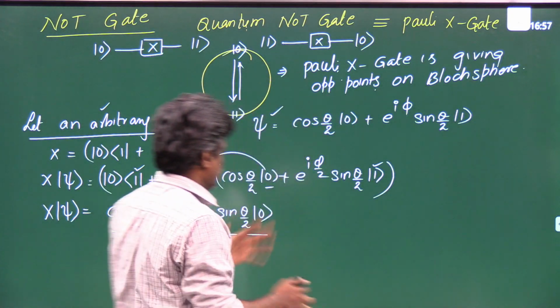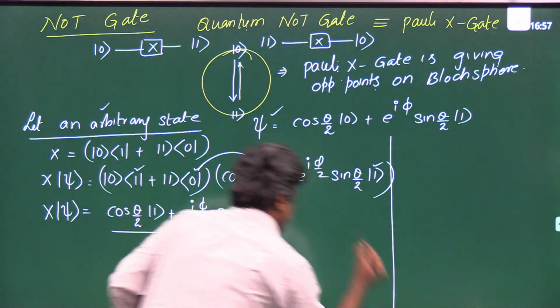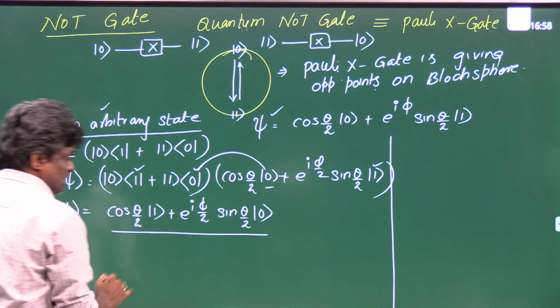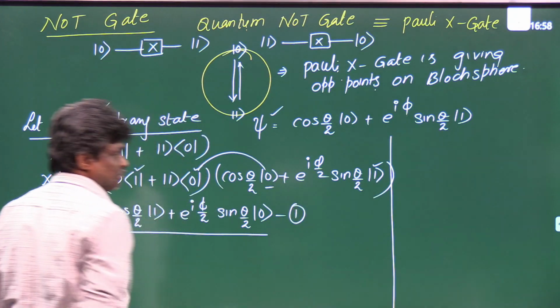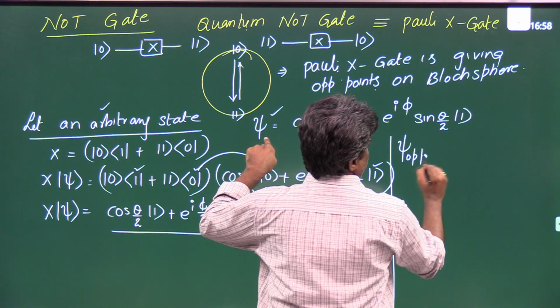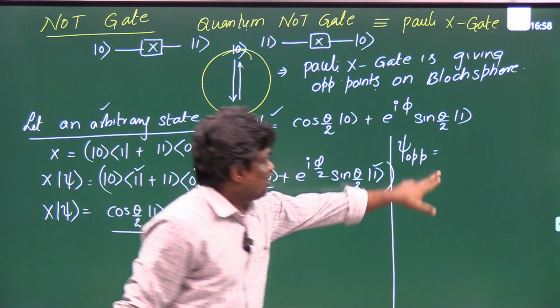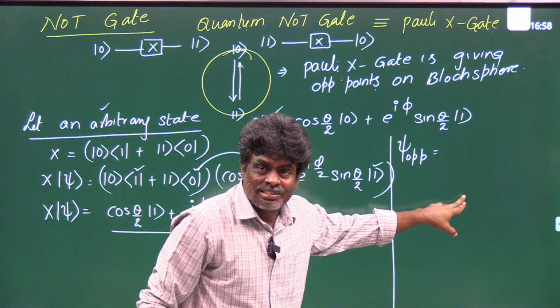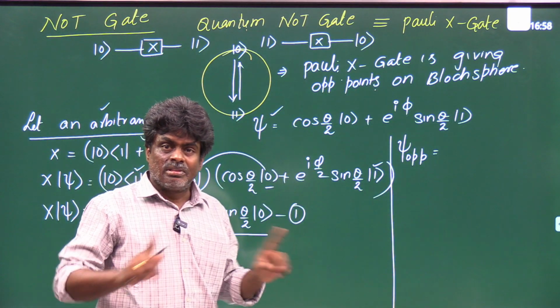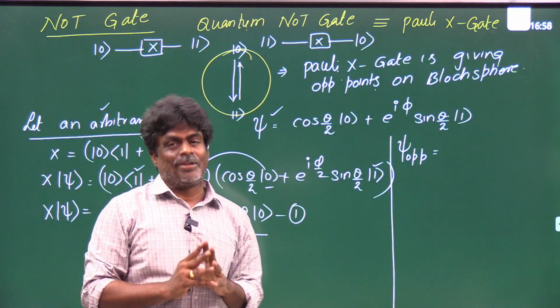I don't know how many of you got this point. So that's what I'm going to prove. So this is my answer. Let it be psi. Now I'm going to find the opposite point. If I find the opposite point to this, and if this answer and that answer are the same, then the X gate is a universal NOT gate.